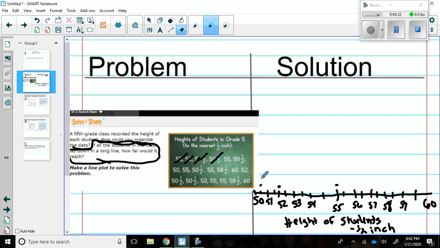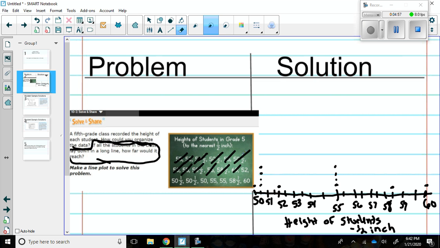Another 50 and a half, 55, another 50 and a half, 55, another 50 and a half, 55, 58 and a half, 60.